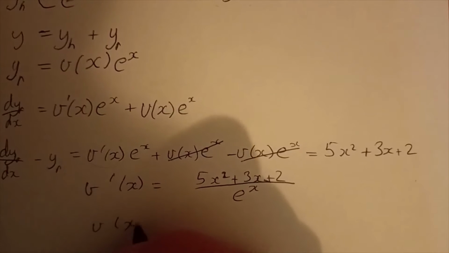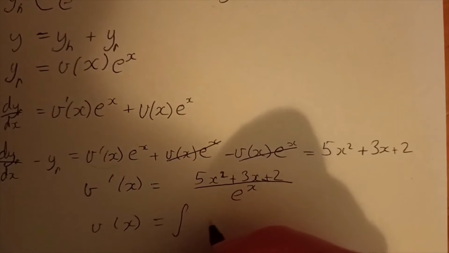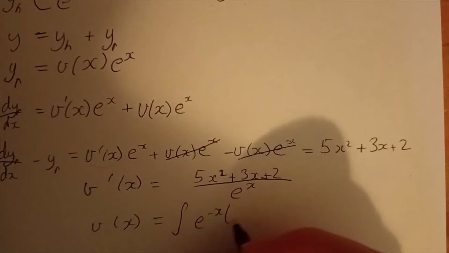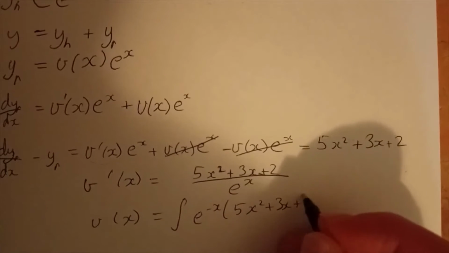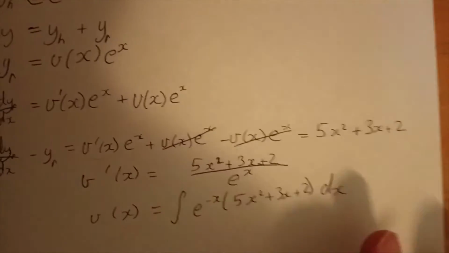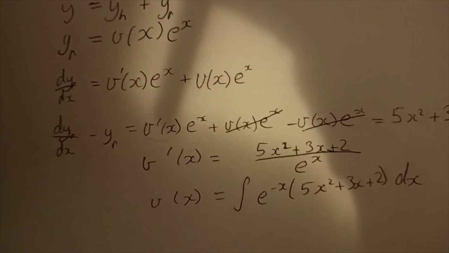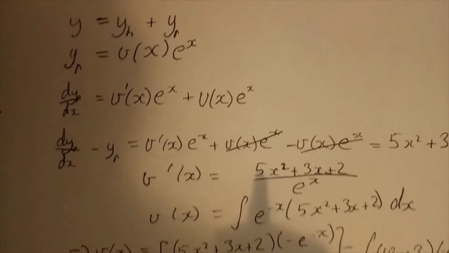V of x equals the integral, and I might rewrite this as e to the negative x times 5x squared plus 3x plus 2 dx. Through integration by parts, this integral can be solved as follows.